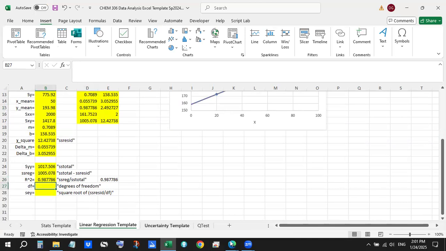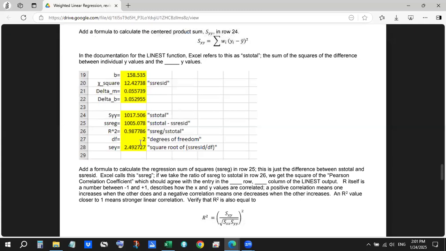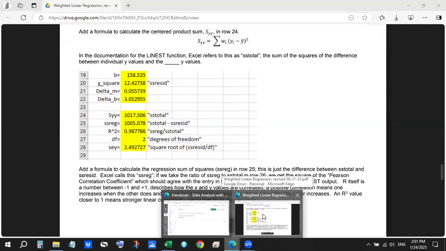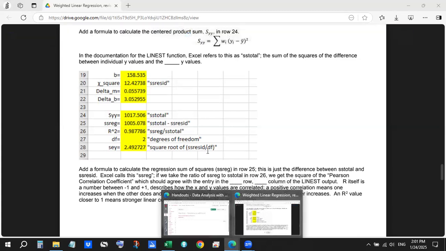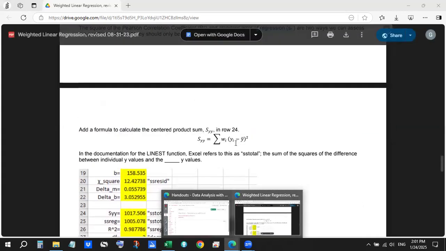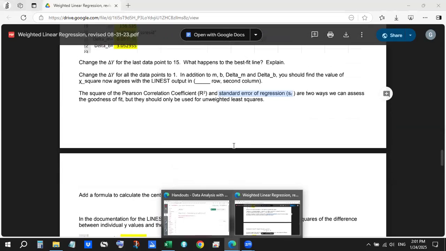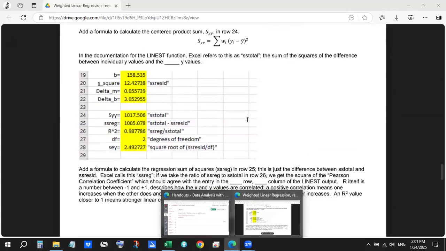Degrees of freedom is just n minus 2. We're going to need that to calculate the last item here, the square root of SS residual over degrees of freedom, which is the standard error of regression, SEY.